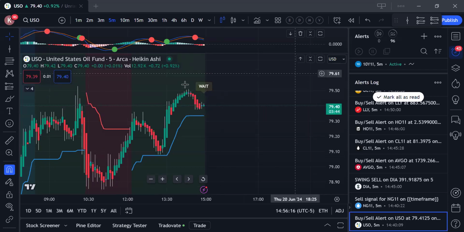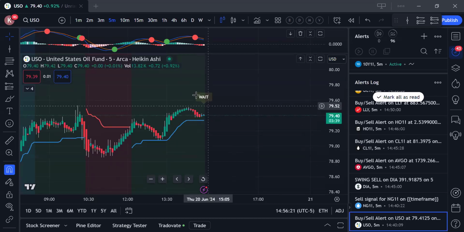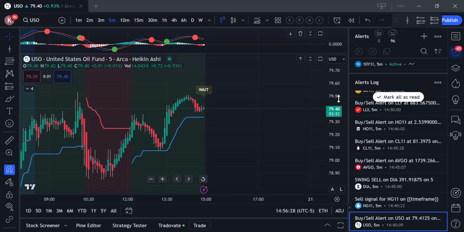This is just your ATR indicator. So if it gives a wait, you will just wait. If it gives a buy, you will buy. If it gives sell, you will sell.